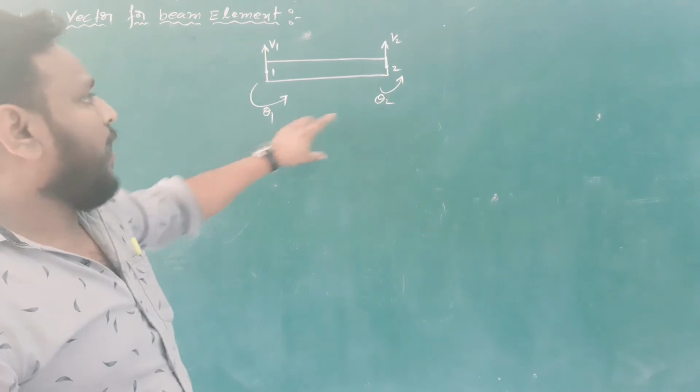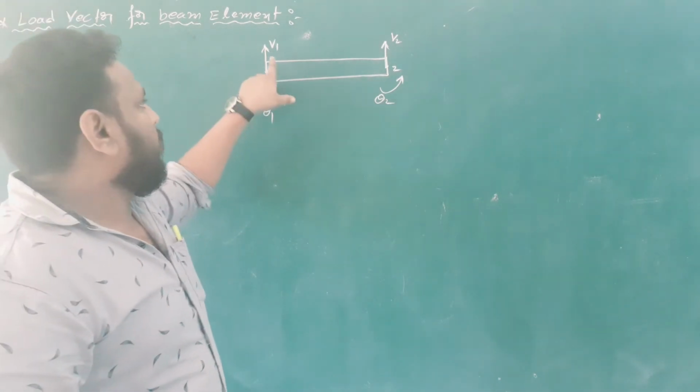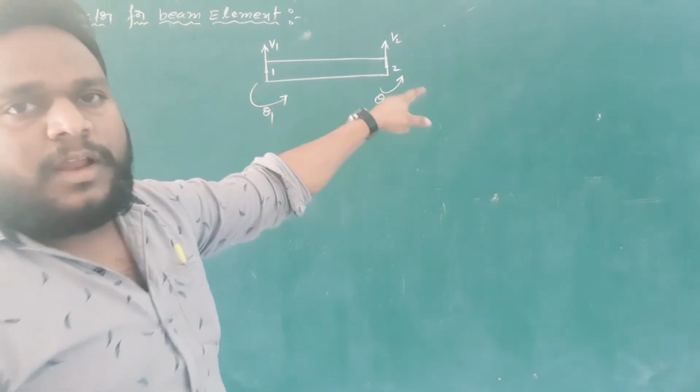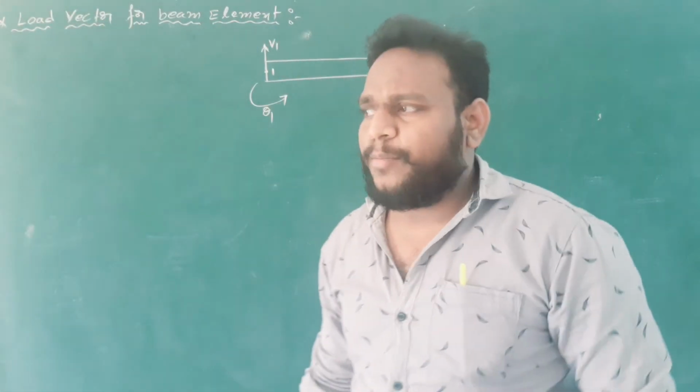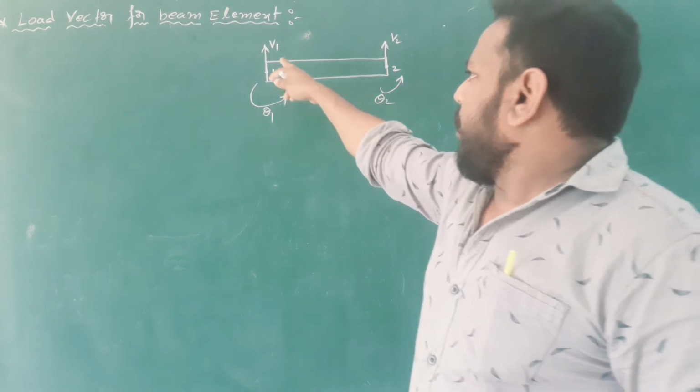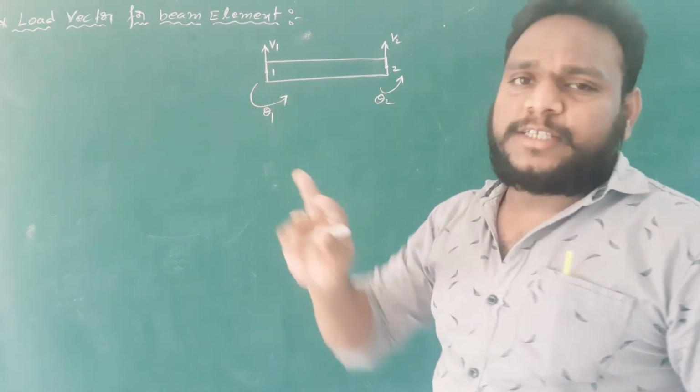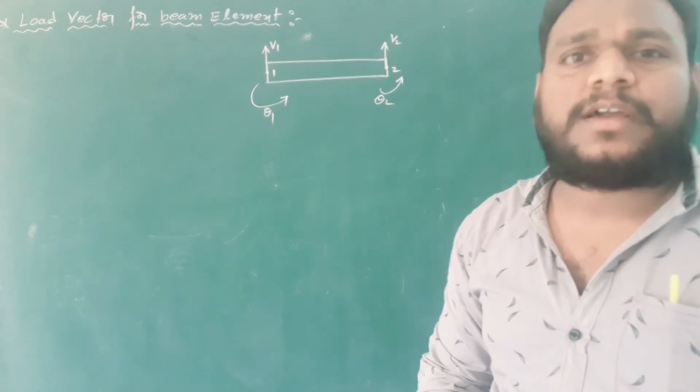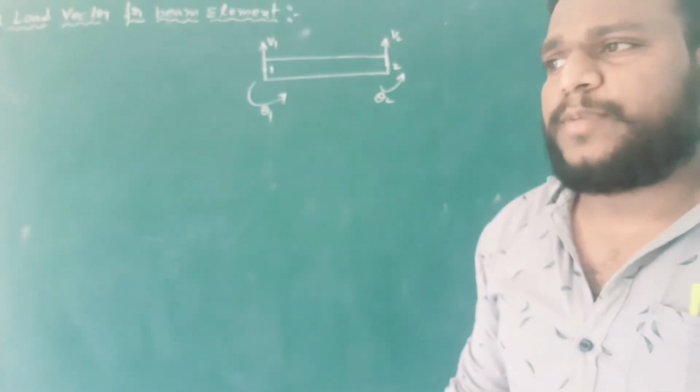Each node has two displacements: one linear and one angular.